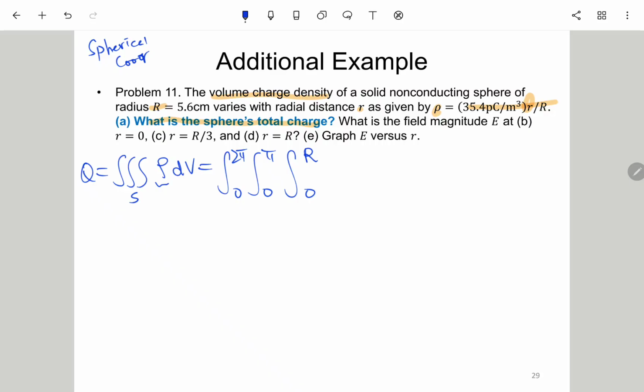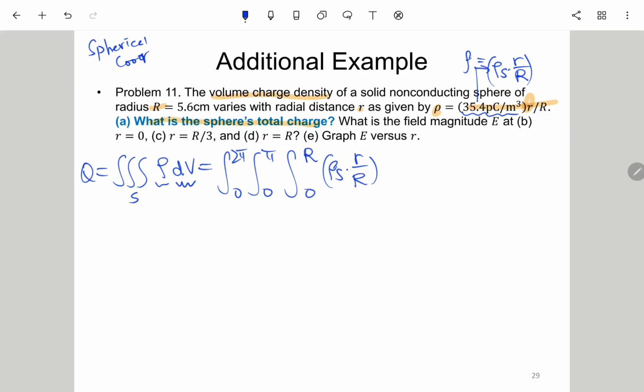Rho will be rho s times r over capital R. We denote this 35.4 picocoulomb per meter as rho s, so that we don't need to write too much. So rho equals rho s times r over capital R.